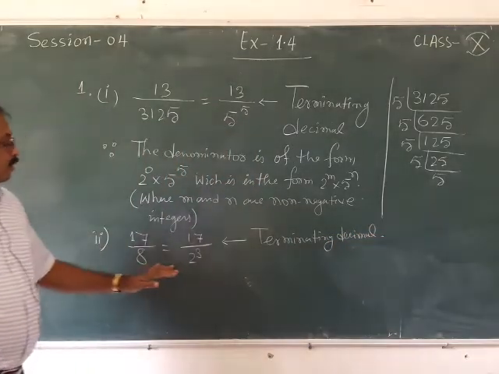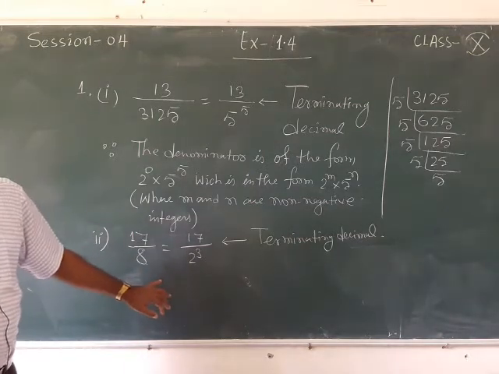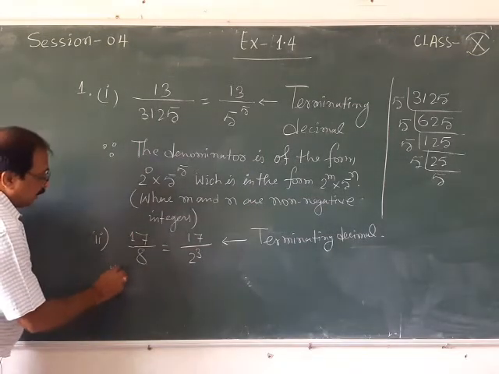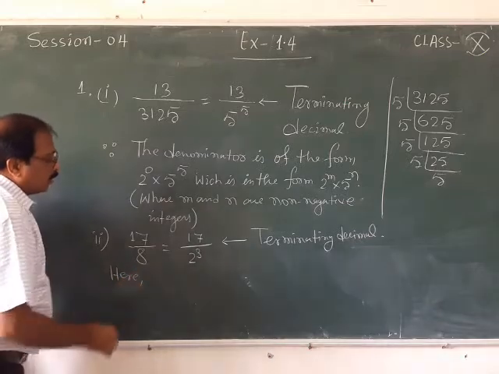I hope that it is clear, and if you want to write the reason here, you can write it like this. The statement you can change, it is your wish.